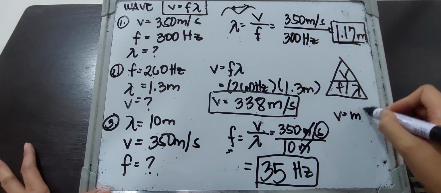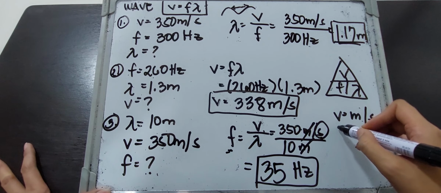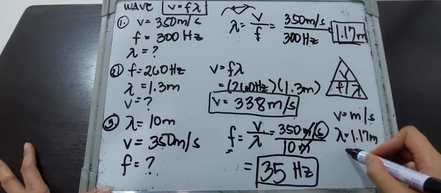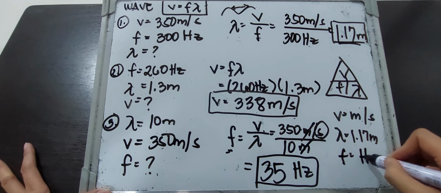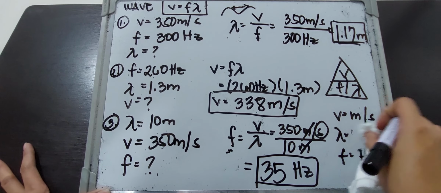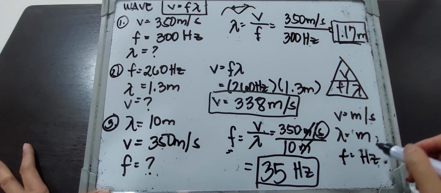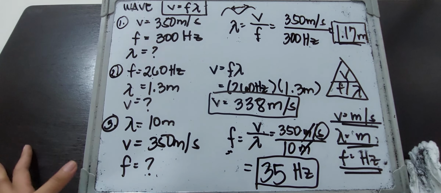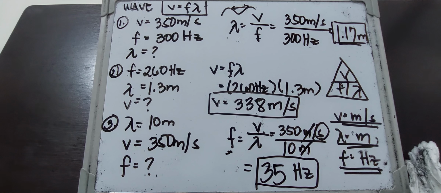Speed of sound, meters per second. Wavelength is meters. Frequency is hertz. So, remember these units. Okay?